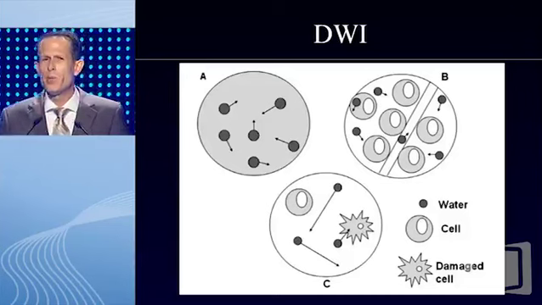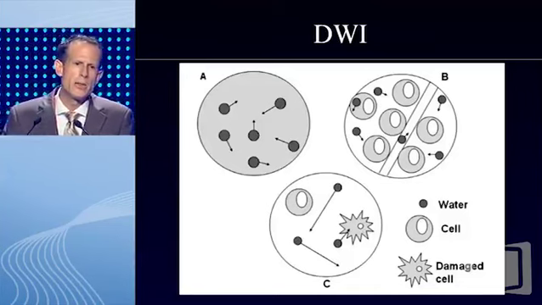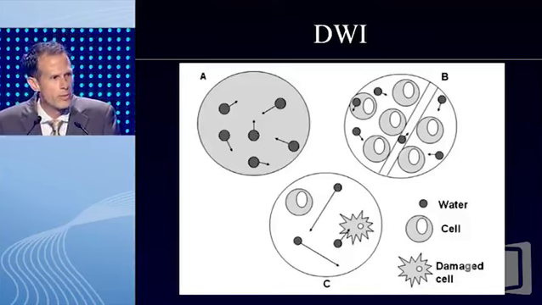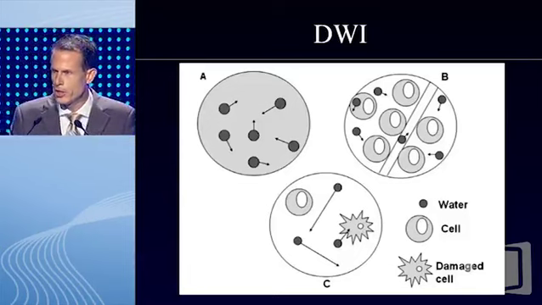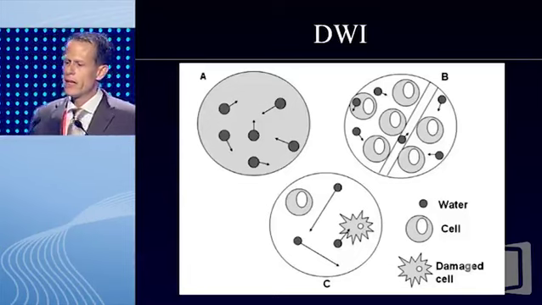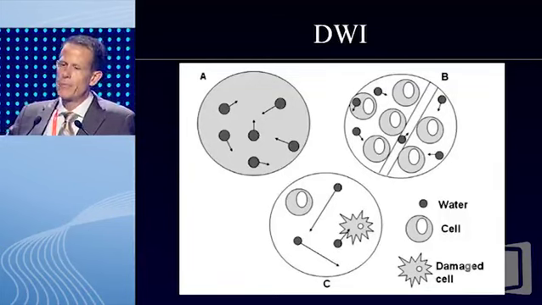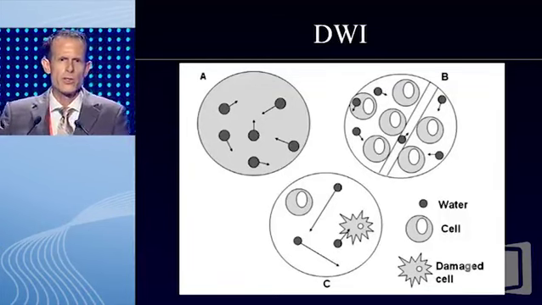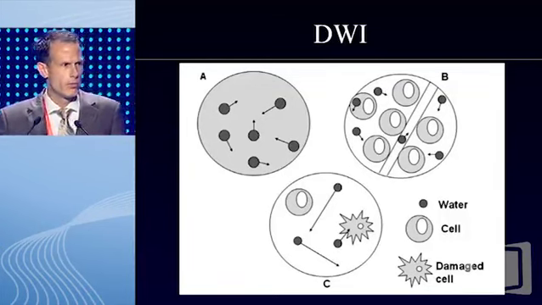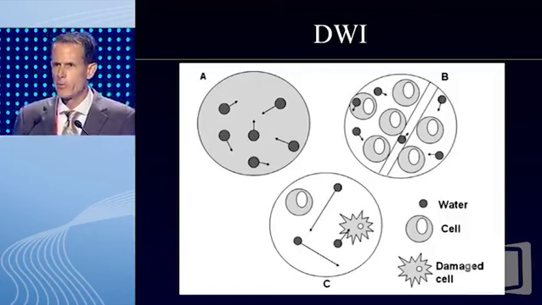And I would like to discuss in the beginning two aspects and two methods of functional MRI with you. The first, which is pretty well established, is called DWI. This is the acronym for diffusion-weighted imaging. And on this chart, you nicely can see on table A, the water molecules, they have a free motion. And we can measure this free motion.